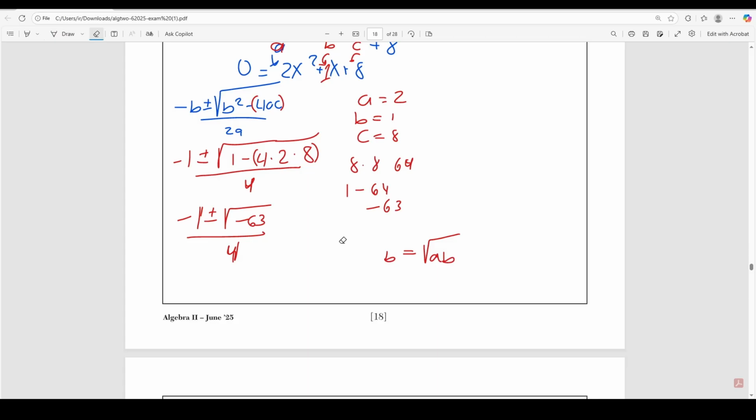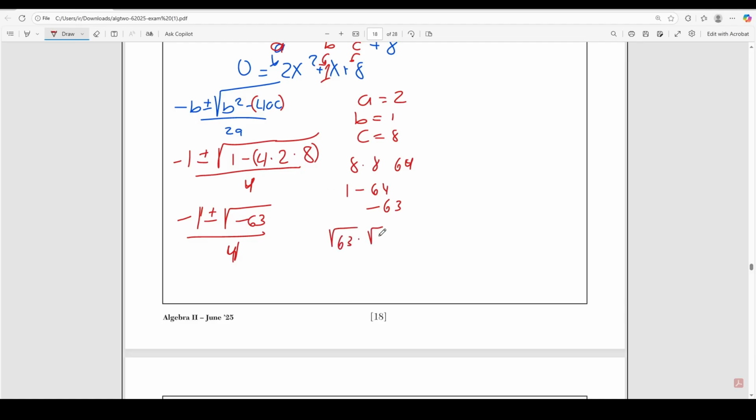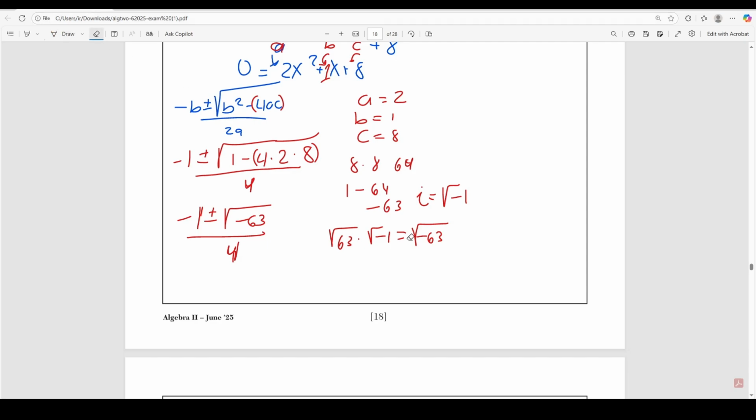So the square root of negative 63 doesn't exist as a real number. To avoid the negative sign, I know that the square root of 63 times the square root of negative 1 is the same thing as the square root of negative 63, because you can just write 63 times negative 1 underneath the same radical sign, which means you could do the opposite. You can split this back up into these two multiplications, but remember that i is equal to the square root of negative 1. So the square root of negative 63 is technically the same thing as saying the square root of 63 times i.